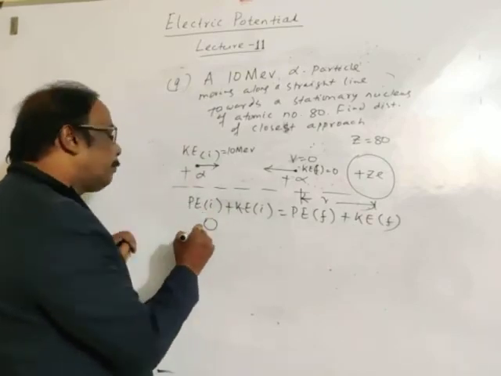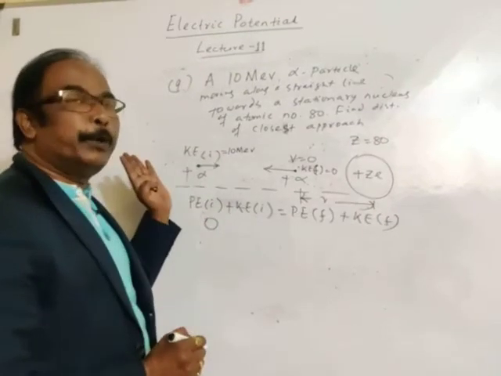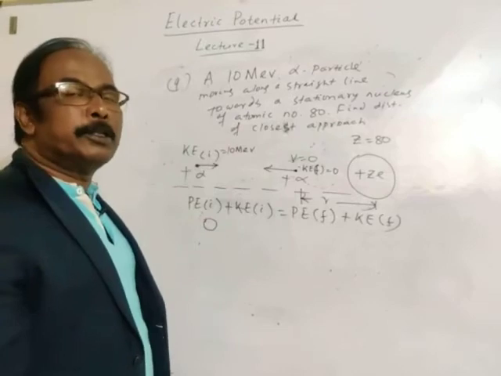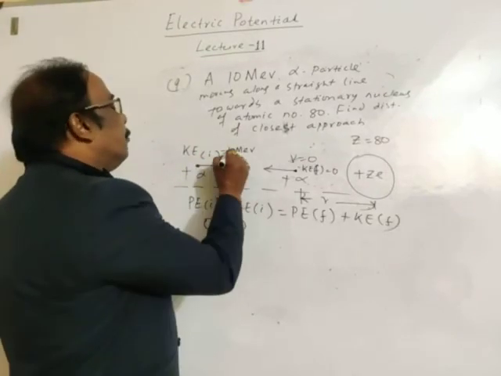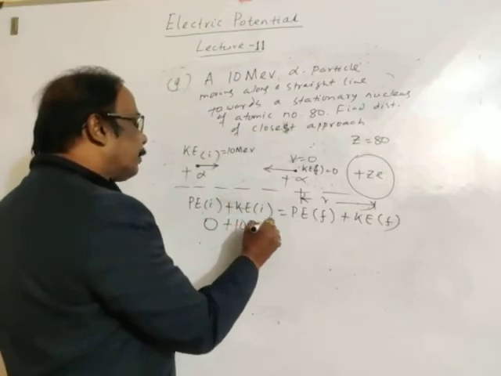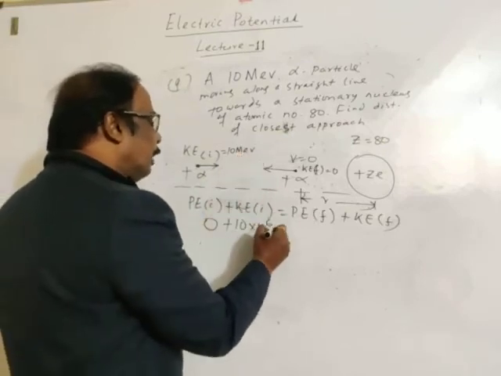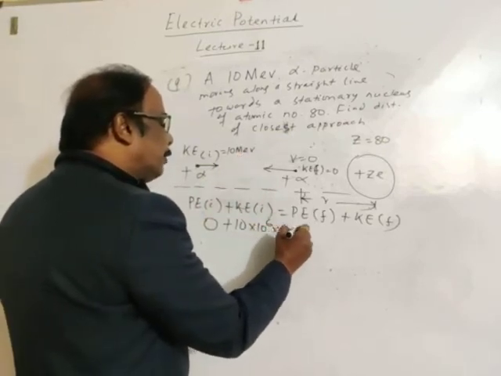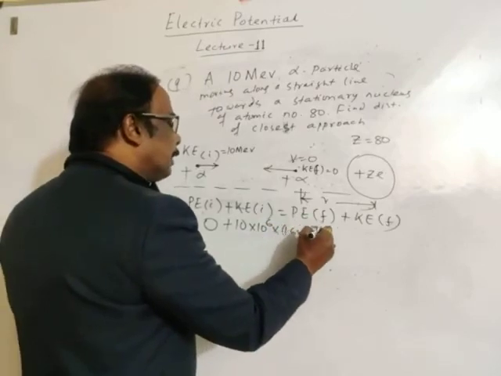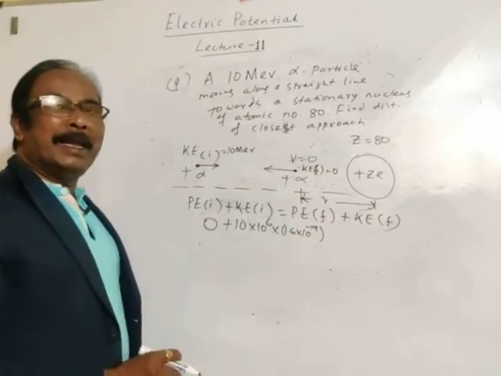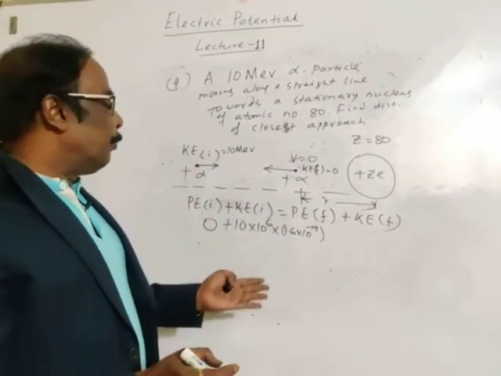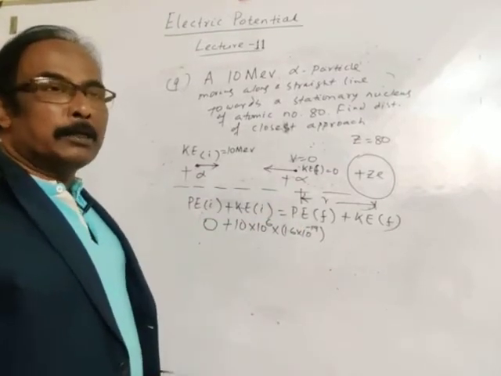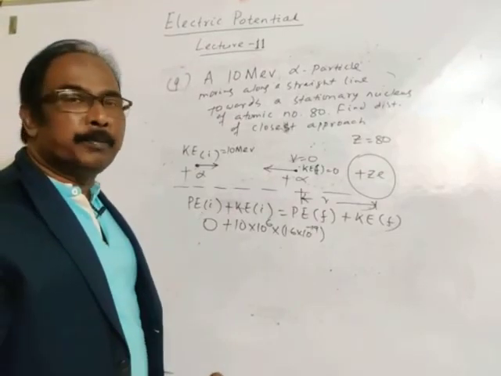So initial potential energy is 0 since we assume alpha particle starts its motion from infinity, and kinetic energy is plus 10 mega electron volt, 10 into 10 to the power 6 electron volt, multiplied by charge of electron 1.6 into 10 to the power minus 19, so kinetic energy is converted to joule. 1 electron volt is 1.6 into 10 to the power minus 19 joule, what we have discussed in previous lecture.